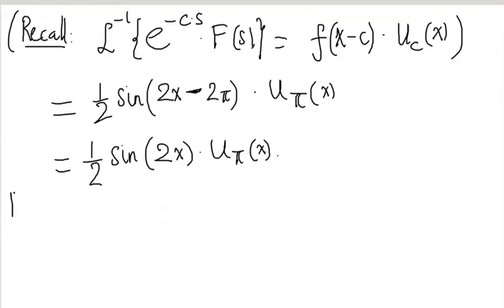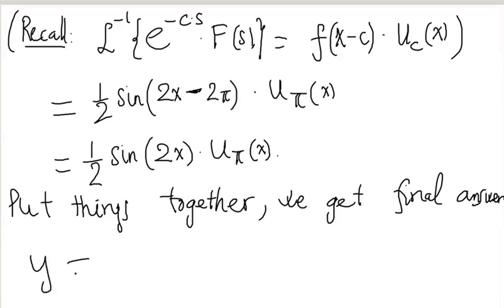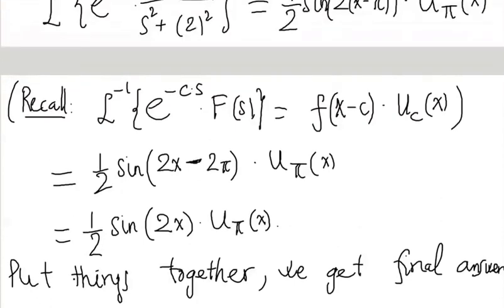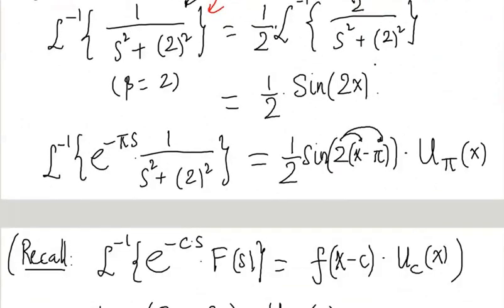Now put everything together. We get our final answer here, that y equals, let's look back, y is the sum of two inverse Laplace transforms, the first one and the second one.